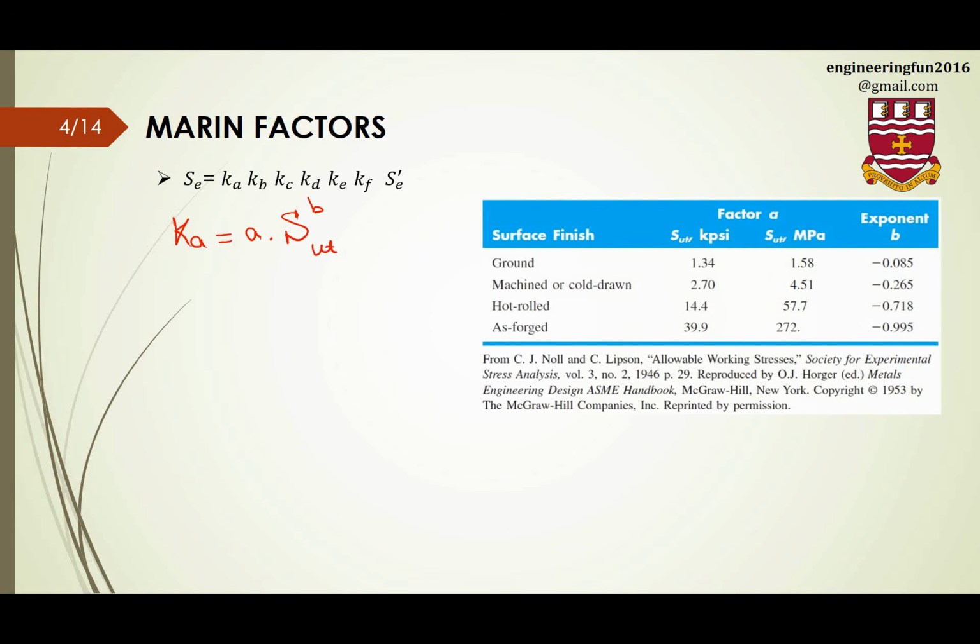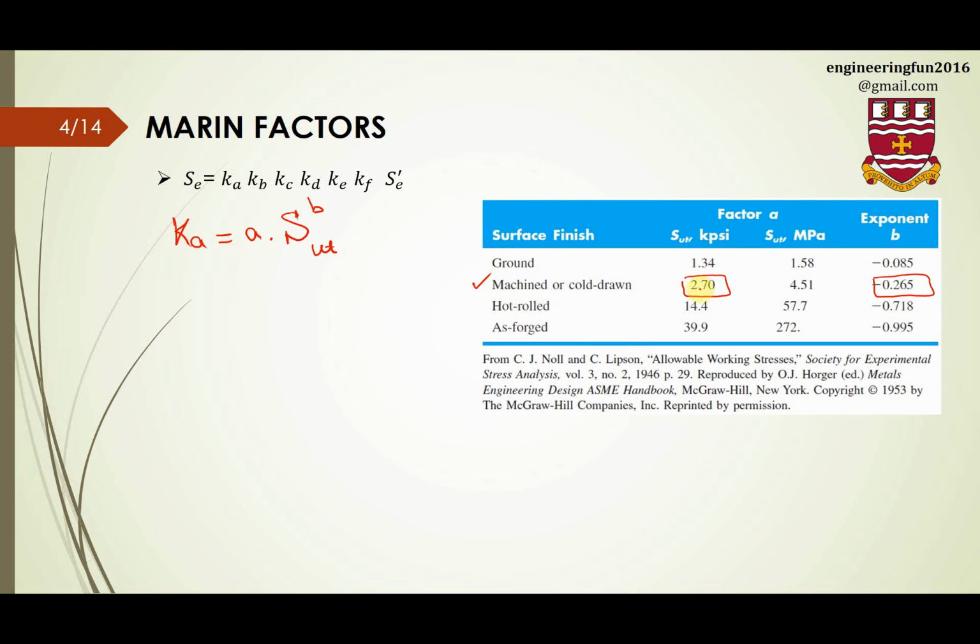This a and b can be found from this table. For example, if we are in the imperial system, we are here, and if the type of surface finish is machined or cold drawn, we are here. This factor a will be 2.7, and the exponent b will be minus 0.265.